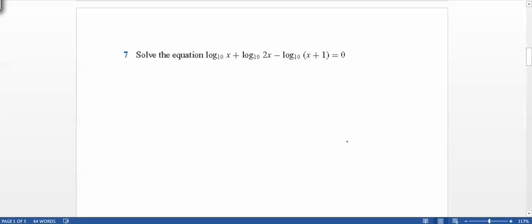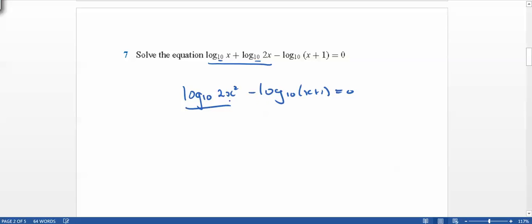Solve the following equation. Well, first of all, we have to use our log laws. Remember, if we're adding two logs with the same base, we can multiply them together. So we've got log to the base 10 of x times 2x is 2x squared, minus log to the base 10 of x plus 1, is equal to 0.